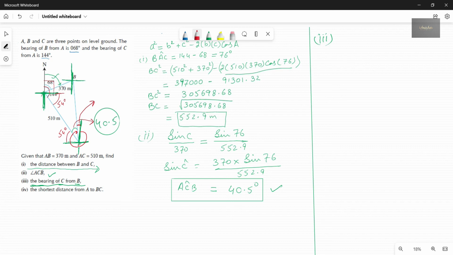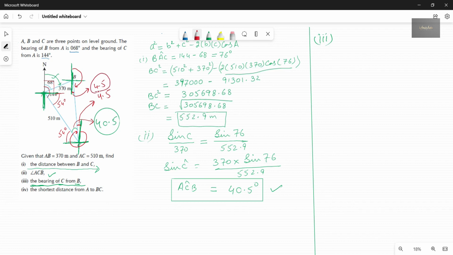Then you will subtract it from 360. It will be 4.5. Right, so that 4.5 will also be shifted to this part. This angle is also 4.5, and as we need to find the bearing of C from B, I will subtract 4.5 from 180.